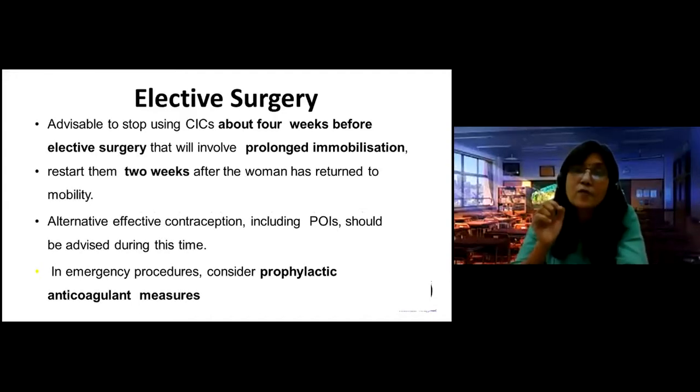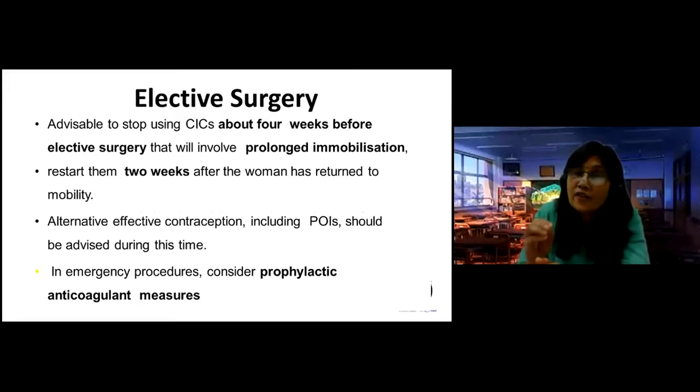Now, what about a patient who is on injectable and has to undergo certain elective surgery? What to do? What is the advice? What should the user or the provider do? It is advisable to stop a combined injectable contraceptive 4 weeks prior to surgery, because it will affect coagulability.